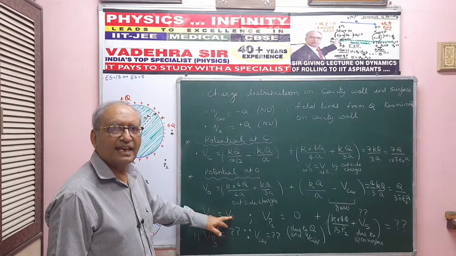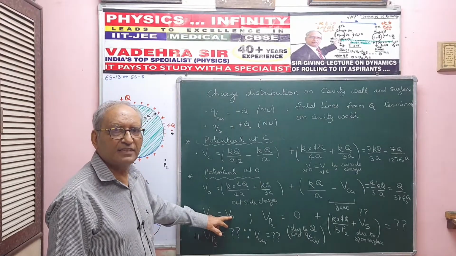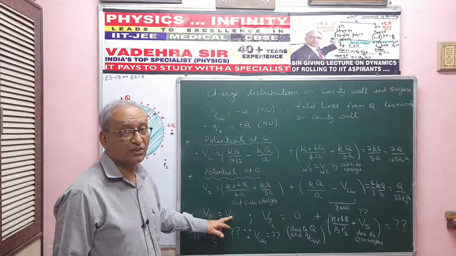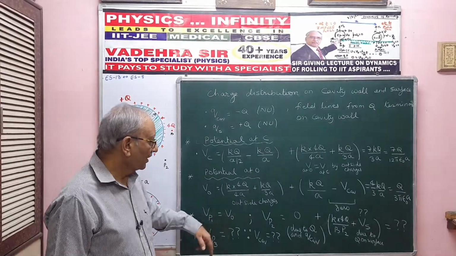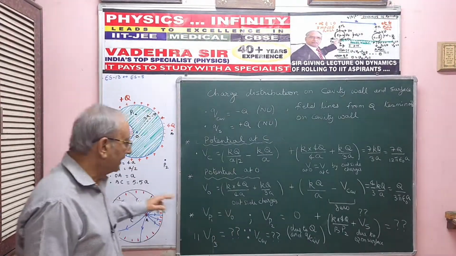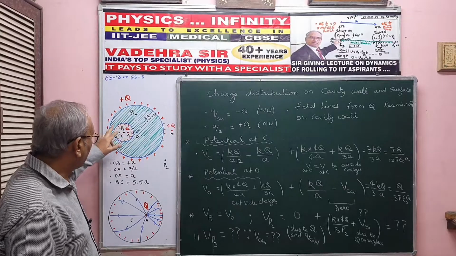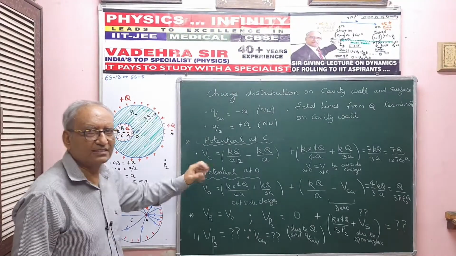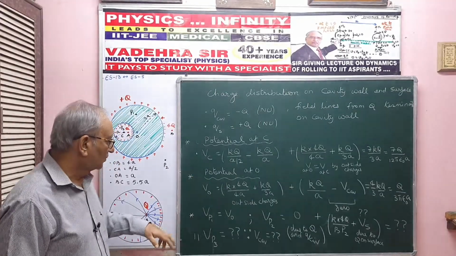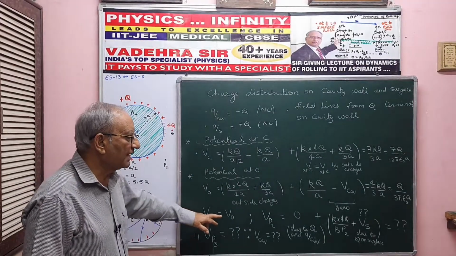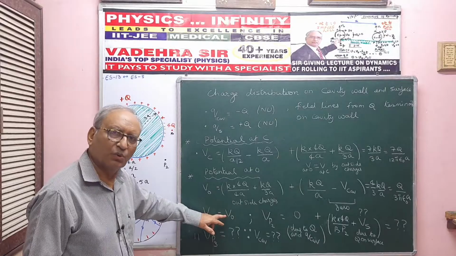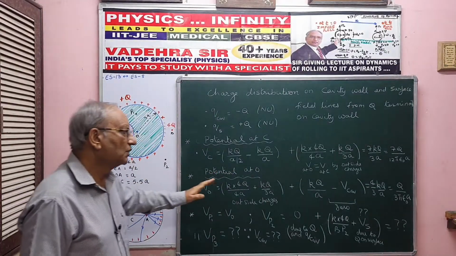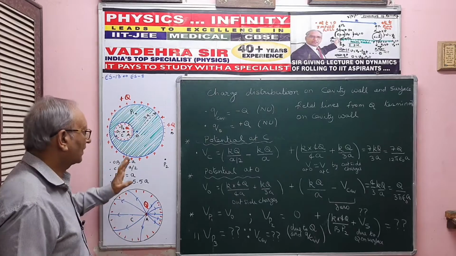V at P1 is same as V at O due to outside charges, constant, and due to the cavity wall and the charge within the cavity, the contribution is 0. I've just explained. So V at P1 is same as V at O due to outside charges. So that is done.